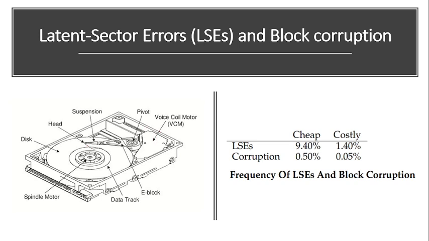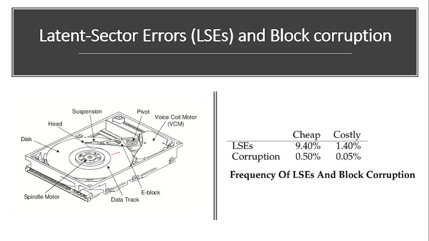There is a voice coil motor and a pivot, which connect the suspension to the head, and then the spindle motor makes the disk rotate. The tracks are on the disk.